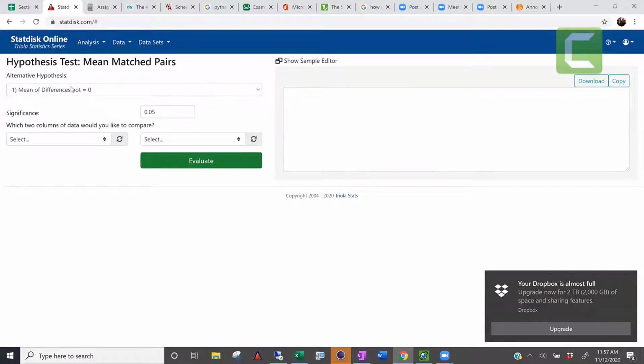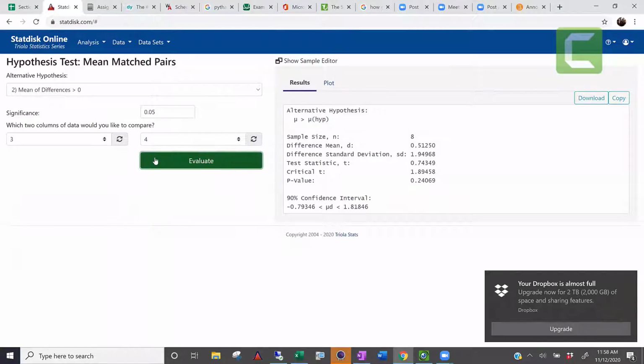Mean difference is greater than 0, so that'd be the second of these. My data is in columns 3 and 4 respectively. And I get a p-value of 0.24.